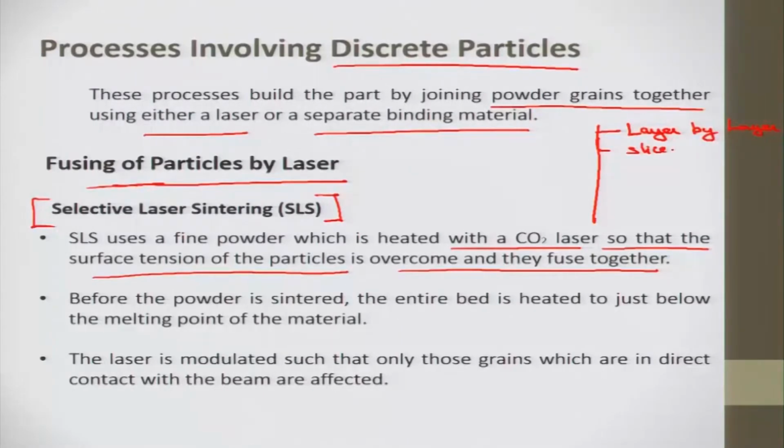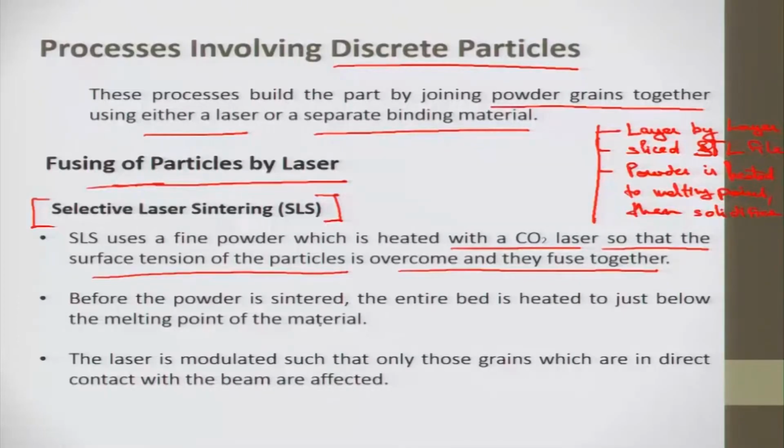A sliced STL file is used here, and the powder is heated to its melting point, and then it solidifies.